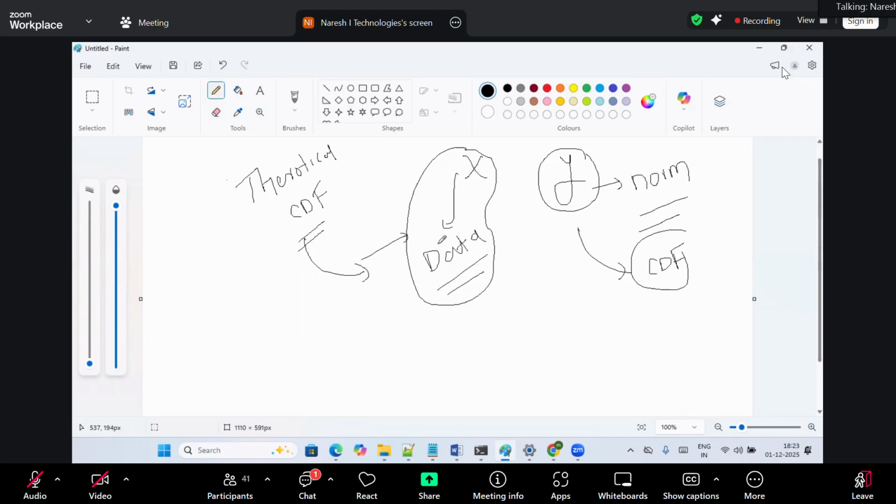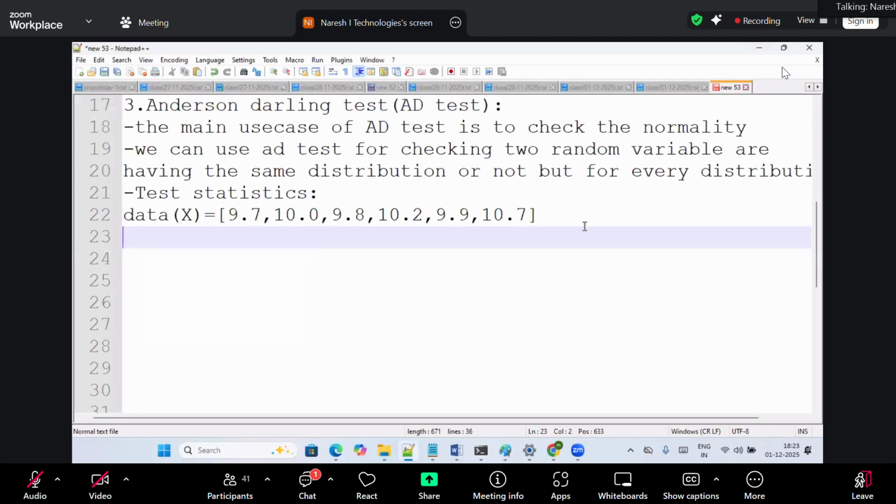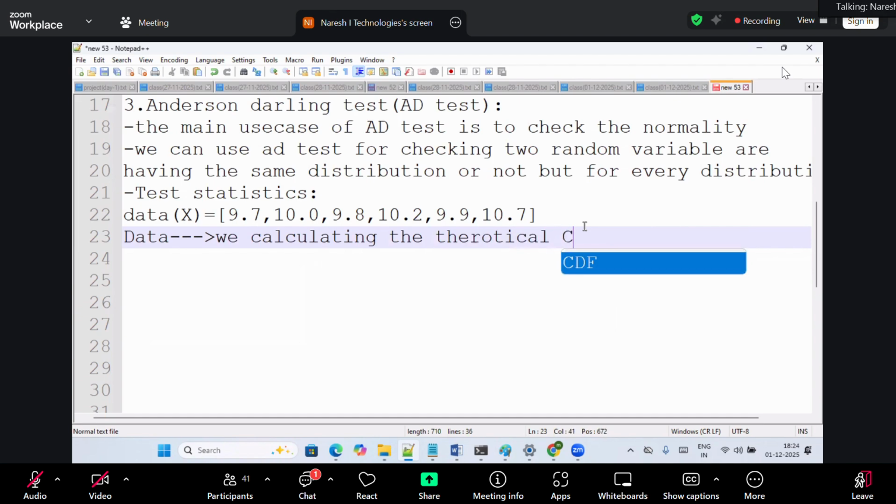तो मैं इसके लिए theoretical CDF draw कर रहा हूं. इसके लिए already CDF है as per the normal distribution, right? तो उन्होंने इसका डिफरेंस कैसे दिया है, particularly in the test statistic? Let me write down first. I'm telling that for this data, we are calculating the theoretical CDF.